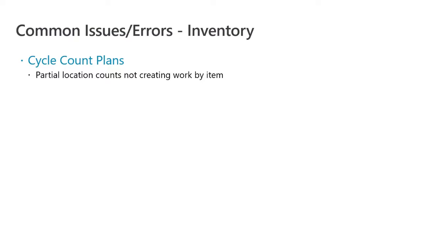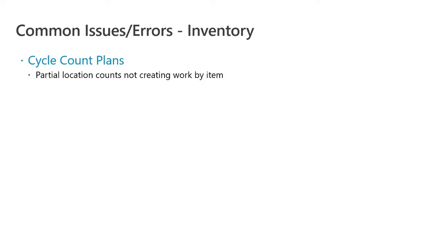Once product is in your warehouse, these are some of the activities you may be doing from an inventory management perspective. Regarding cycle counting, if you are running cycle count plans, so these are the regular recurring plans where you might be doing counts weekly or monthly or quarterly.